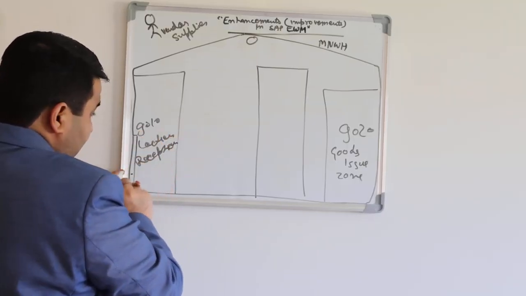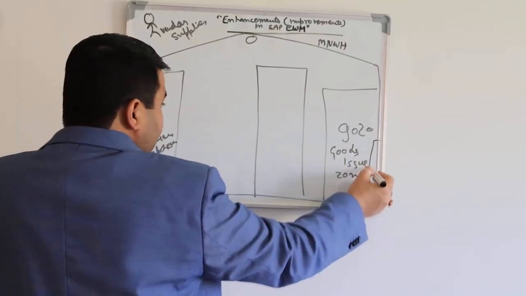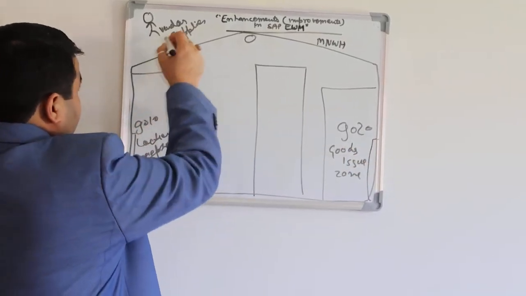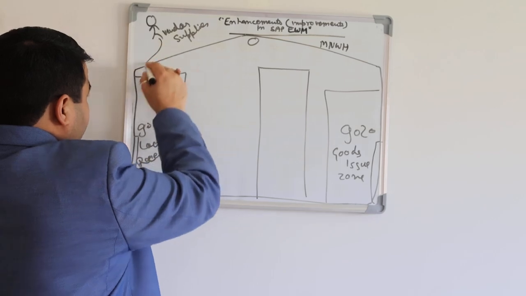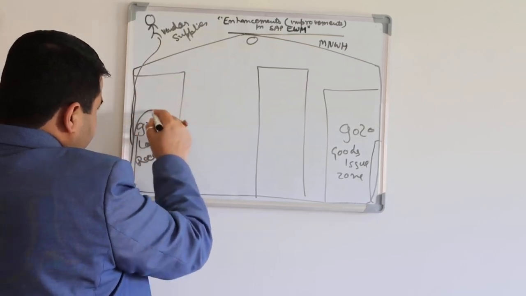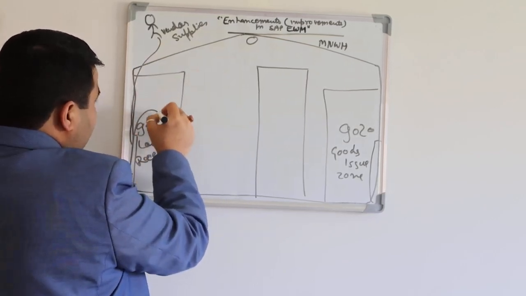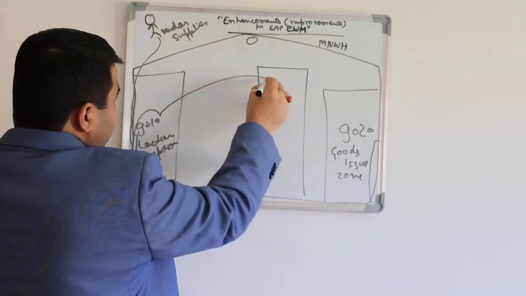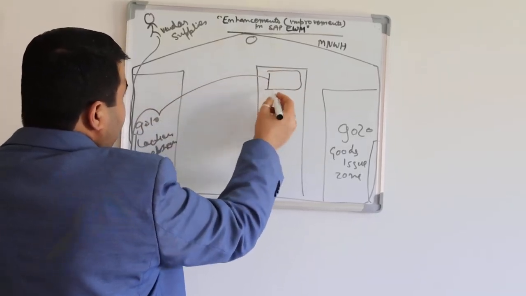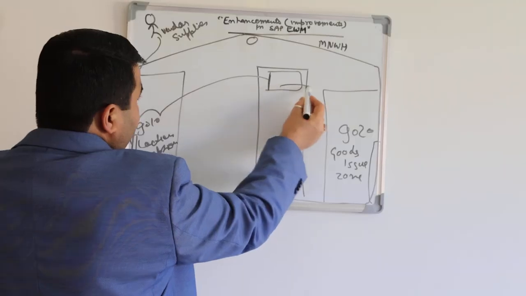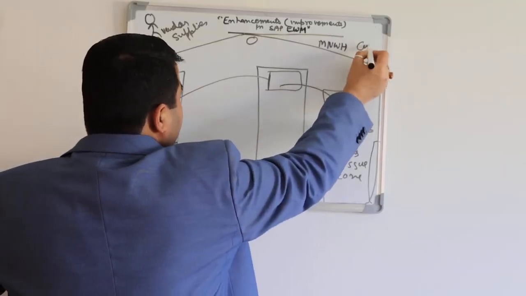And we have a door here, and here we also have a door. So the vendor sent us the goods, we receive the goods here, okay. And then after receiving the goods, we place them here, and then after placing the goods here, we sell to the customers, okay.